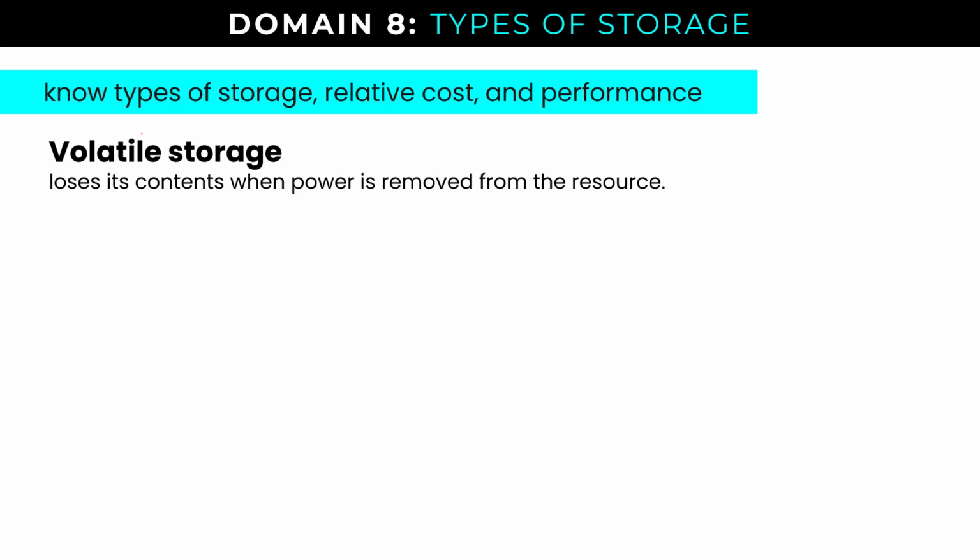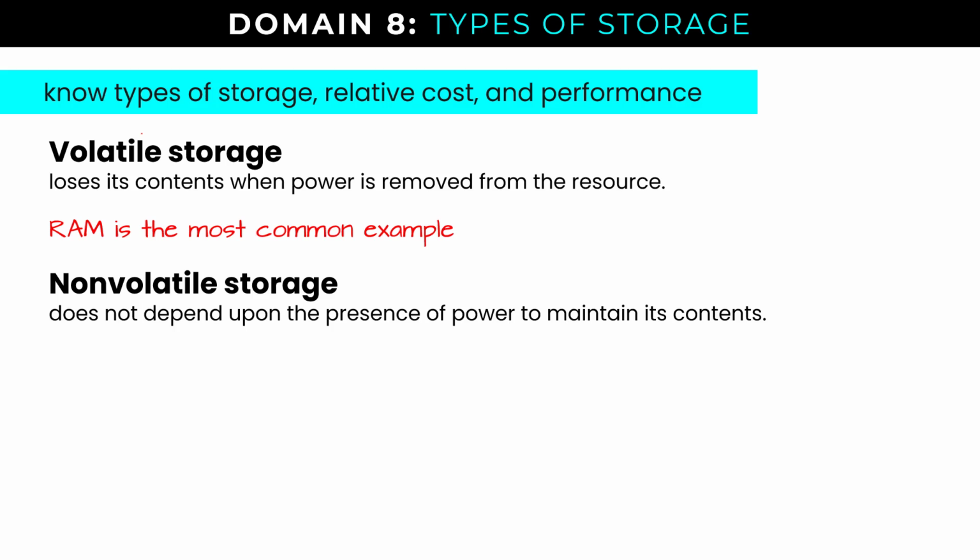I mentioned volatile and non-volatile, so let's just sort that out right quick. Volatile storage loses its content when power is removed from the resource. RAM that we talked about, primary storage, is the most common example. When the system goes down, the contents of RAM are gone because it is volatile storage, which means that non-volatile storage, by comparison, does not depend upon the presence of power to maintain its content.